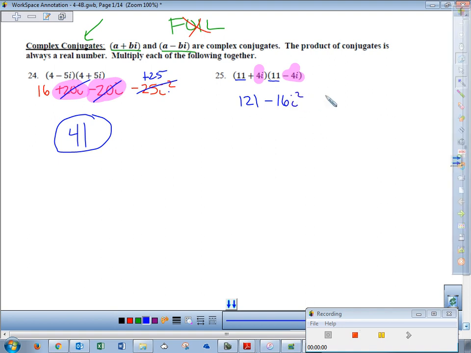Then we need to simplify because there is an i squared. i squared is negative 1 times negative 16, which is plus 16. Add them up: 121 plus 16 is 137. When you multiply complex conjugates times each other, you will always get a real number back.